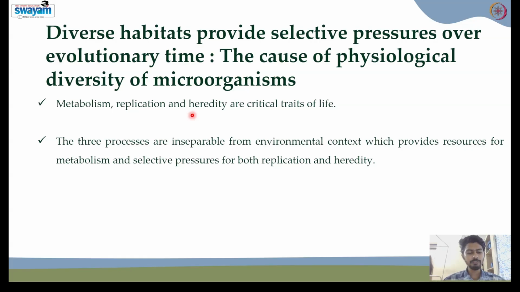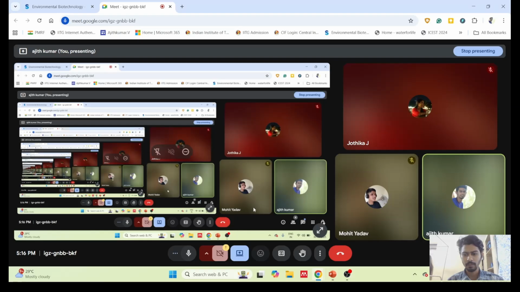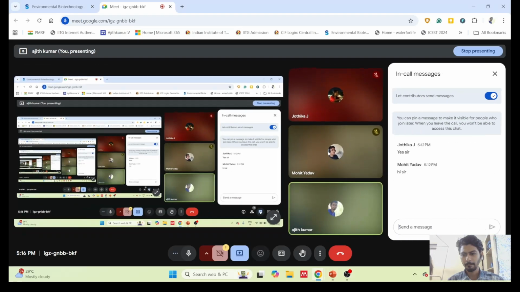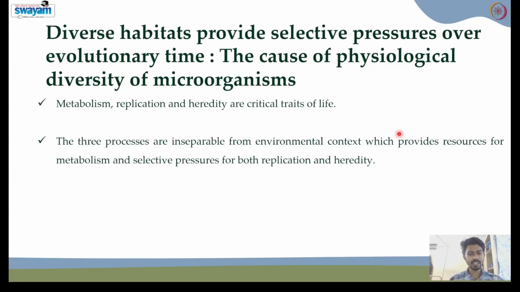The concepts of catabolism and anabolism we will discuss in the upcoming slides, but metabolism is one of the key factors that governs the life form.